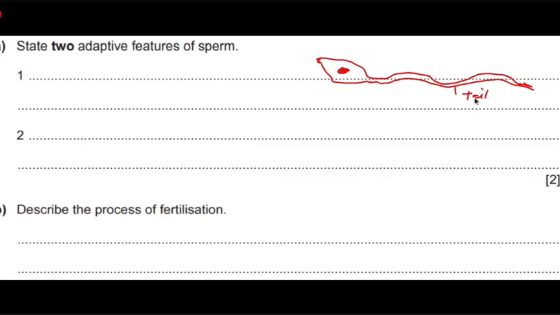The tail is very important in that it is going to help this sperm swim in the semen. The semen is the seminal fluid. That is where the sperm swims as it moves toward the fallopian tube for fertilization.